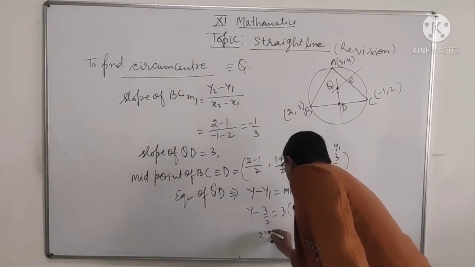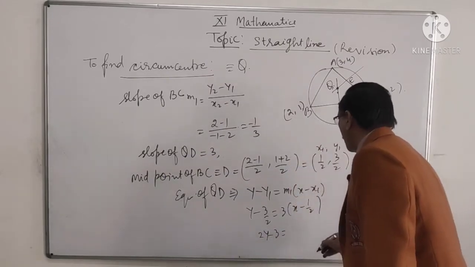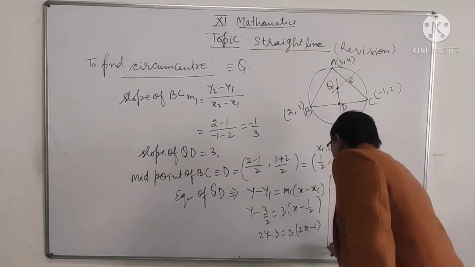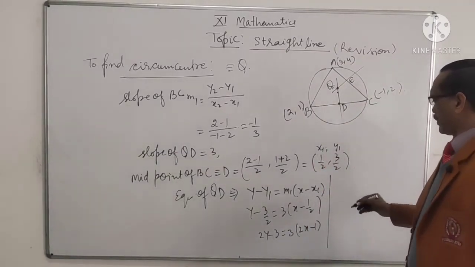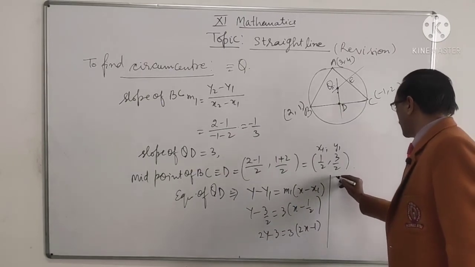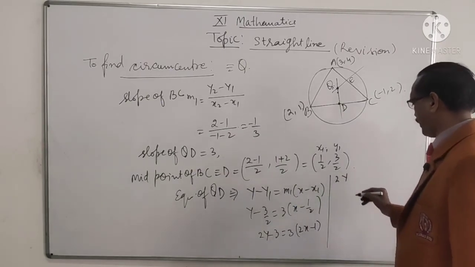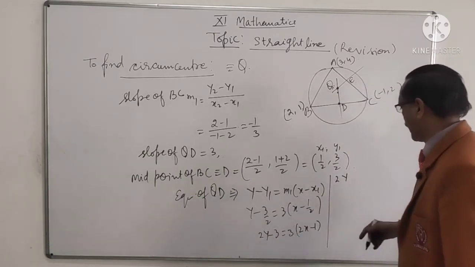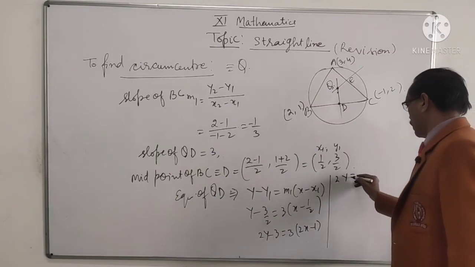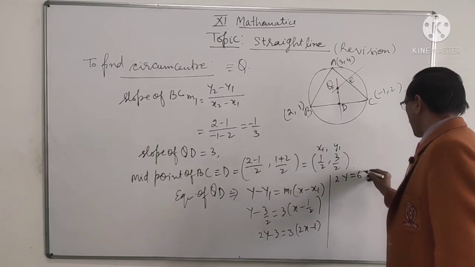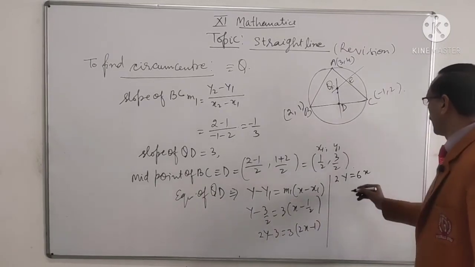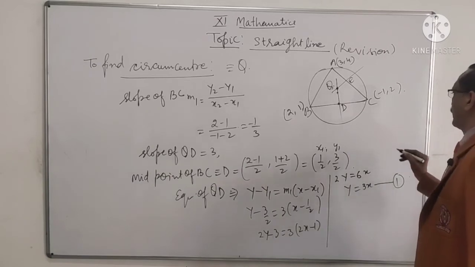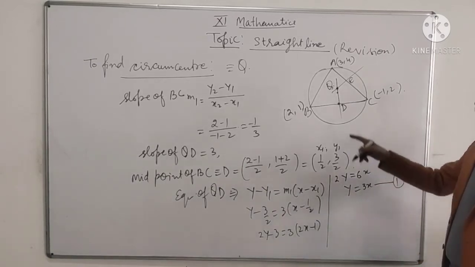It is 2y minus 3 equal to 3 into 2x minus 1. Then 2y equal to 6x, here 3 cancels out, and y equal to 3x. It is equation 1, the equation of QD.